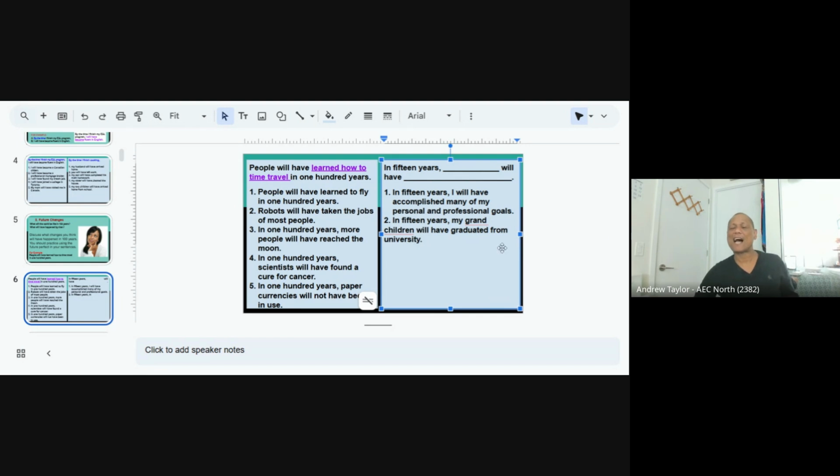Amazing sentence. I love the sentence. Why? Because it's real. It's not an imagination. It's very realistic. In 15 years, my grandchildren will have graduated from university.